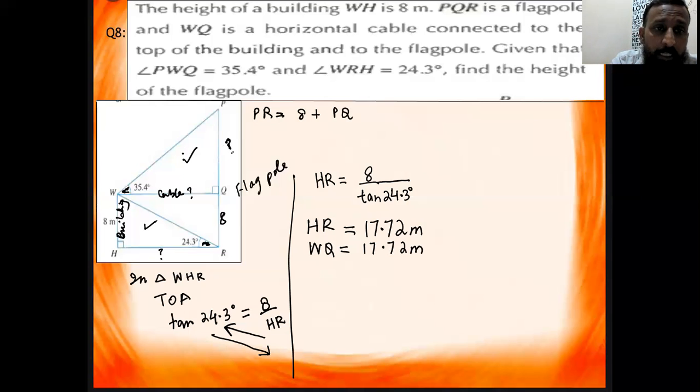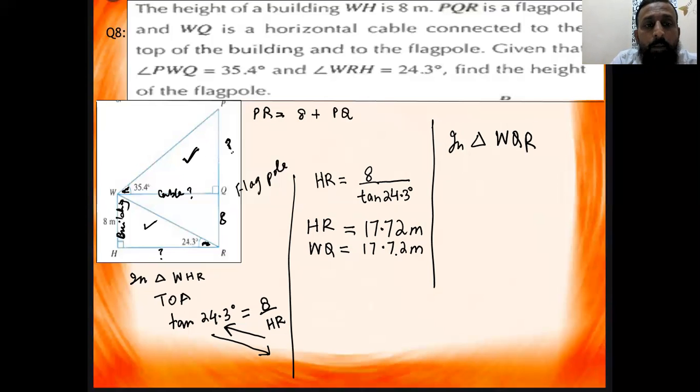Okay, and for this I told you we will be using this triangle, that is the triangle WQP. I'm writing it here again, in triangle WQP. As I got the length 17.72 meters, I'm mentioning it here. So I'll be using this to calculate my opposite length. So again, I'll be using the same tangent function, TOA.